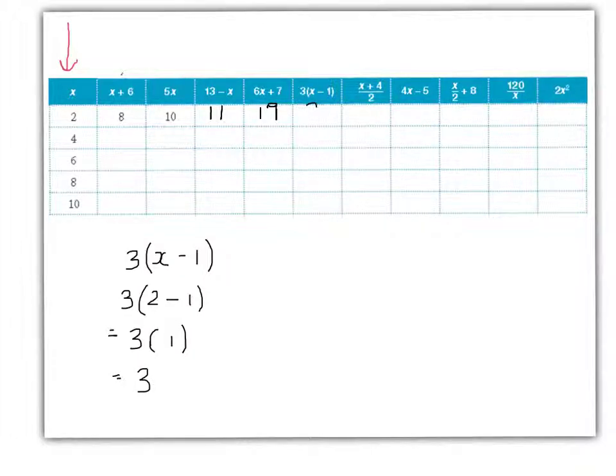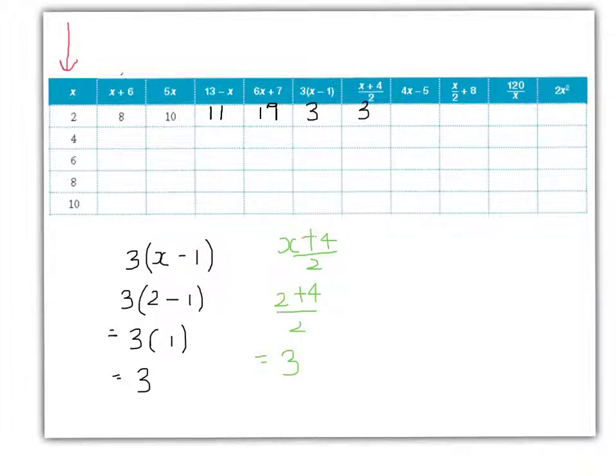So we can pop our 3 in up here now. Our next column says x plus 4 divided by 2. So when we substitute our value for x in, we'll have 2 plus 4 divided by 2, which will give us 2 plus 4 is 6, divided by 2 is 3. So we've got another 3 in here.